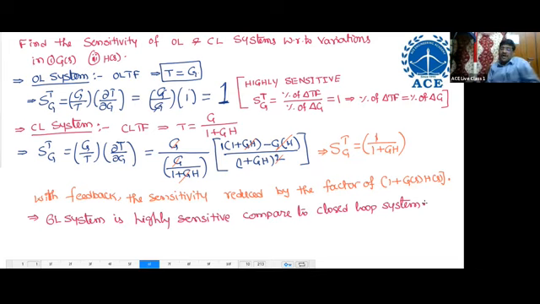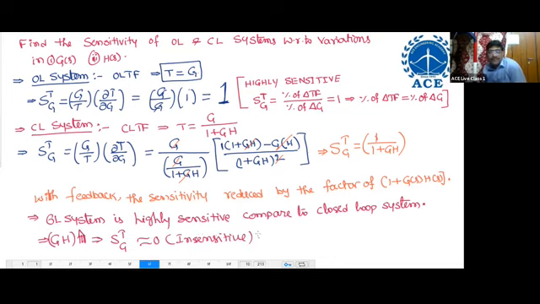If GH is very large, I can say the system is insensitive. If GH is very large, what happens? STG is almost zero. Almost zero means insensitive. STG is almost zero, insensitive. Zero means insensitive.